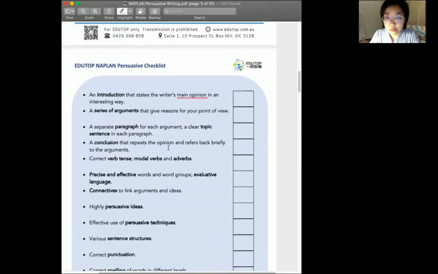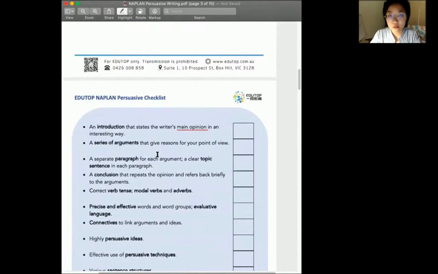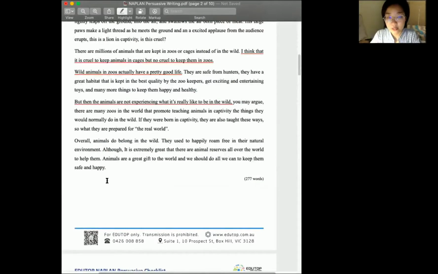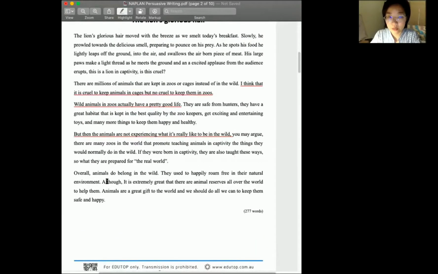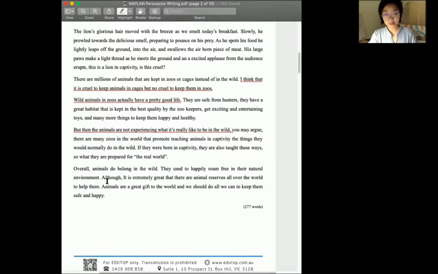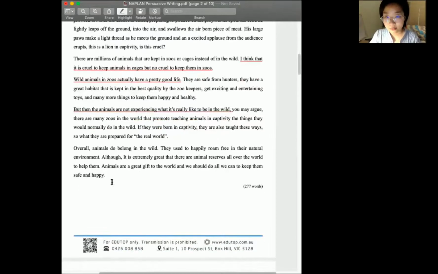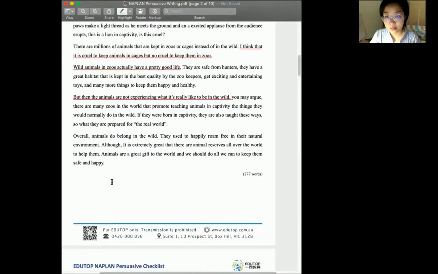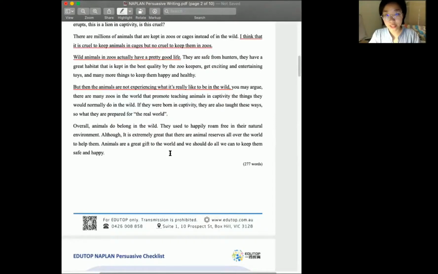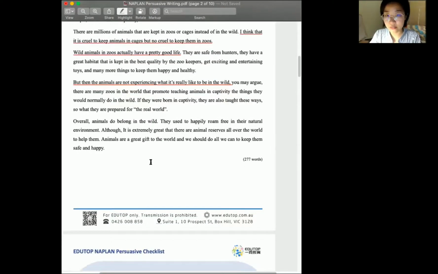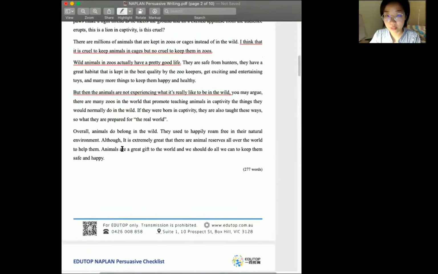A conclusion that repeats the opinion and refers back briefly to the arguments. So it means our conclusion. Does it also talk about our opinion, referring back? If you look at it closely, there is definitely yes, right?